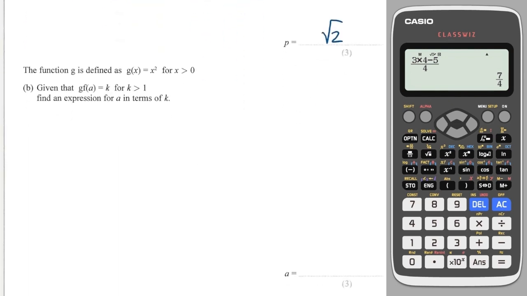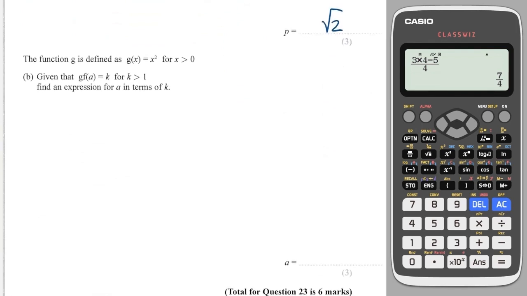Okay, second part of the question says that g is defined as g of x is equal to x squared, and it says given that g of f of a is equal to k, find the expression of a in terms of k. So I need to put a into f and then f into g.